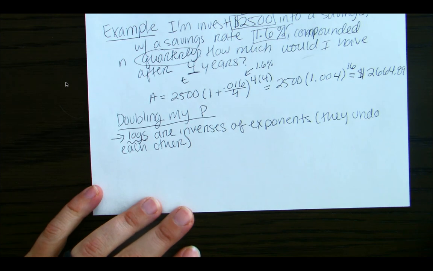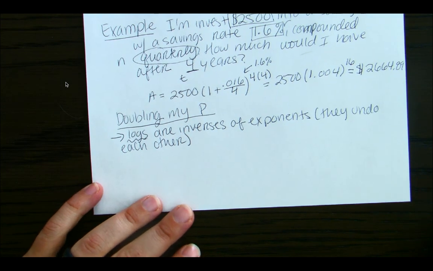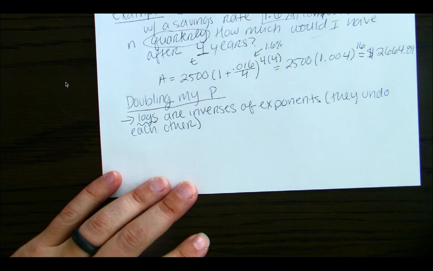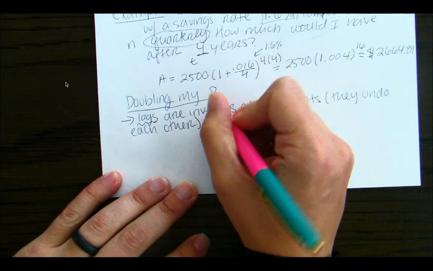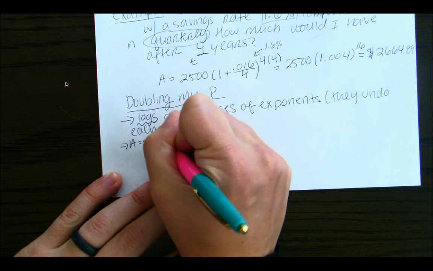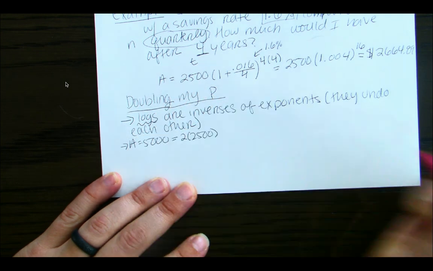And I know the video that's provided for you on the worksheet can be a little confusing. So I'm going to show you the way that I would do it exactly in this situation. So if I want to double my money, I want my A to be $5,000, since that is the equivalent of 2 times 2,500.